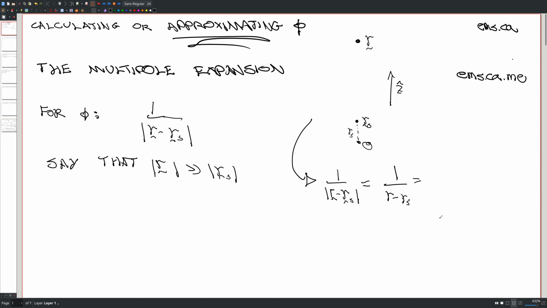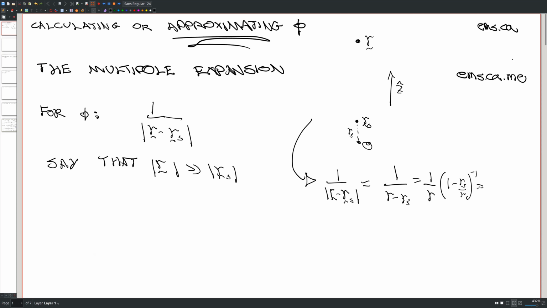It's just a geometric series. So what is it? It's just 1 over r times, well, what do I have? 1 minus rs over r to the power minus 1. And provided rs is closer to the origin than r, this number is less than 1.